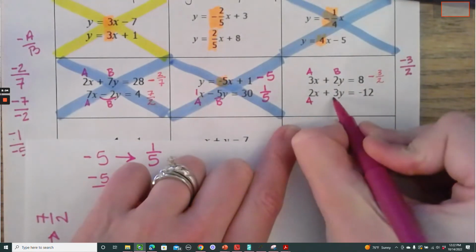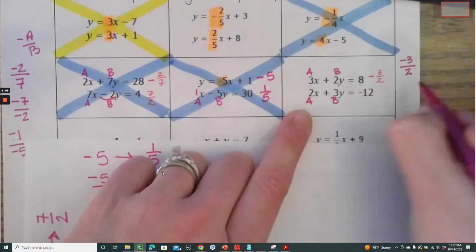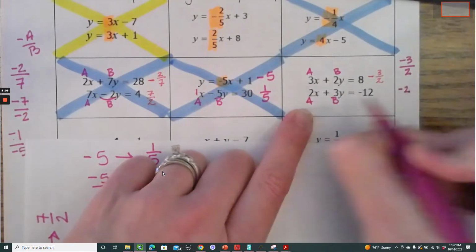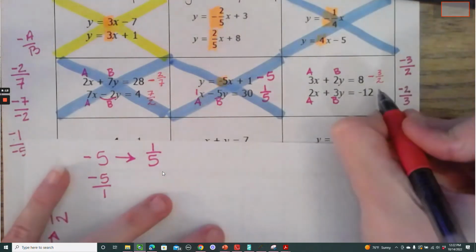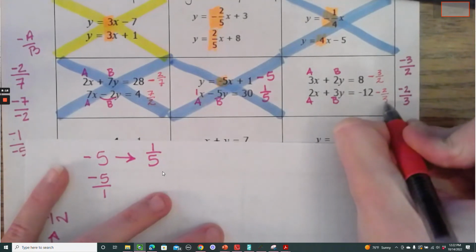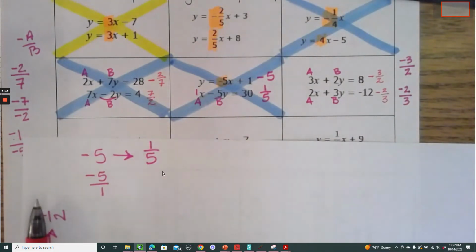All right, A, B. Negative A is a negative 2 over B is a 3. So negative 2 over 3. It stays the same. Are those slopes the same? No. Are they negative reciprocals? No, because they're both negative. If they're both negative, they can't be opposites. They got to be opposites. So it's neither. We don't do anything. Okay?